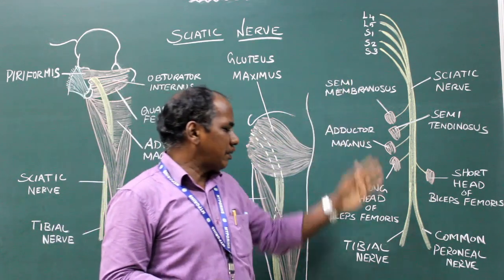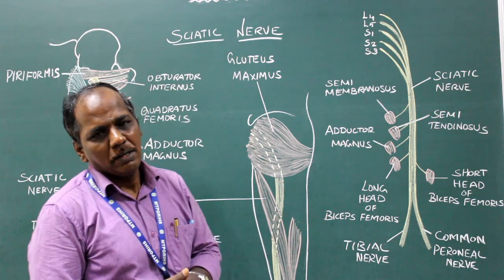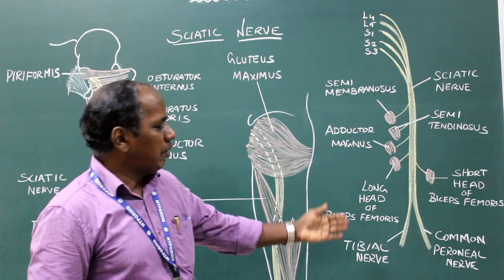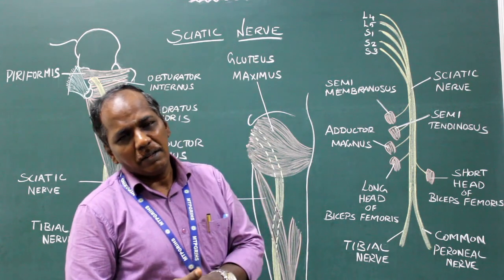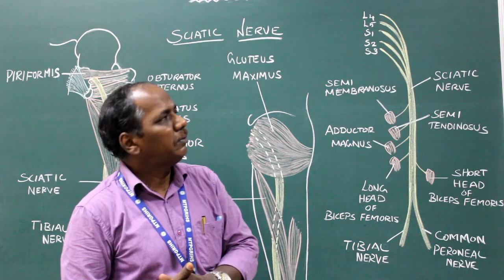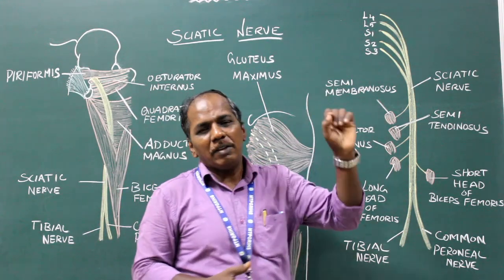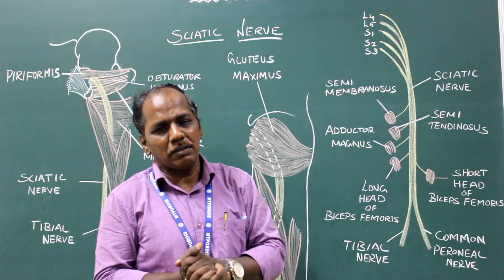It has two components, tibial component and peroneal component. So the root value for the tibial component is ventral division of anterior primary rami of L4, L5, S1, S2 and S3 spinal nerves.